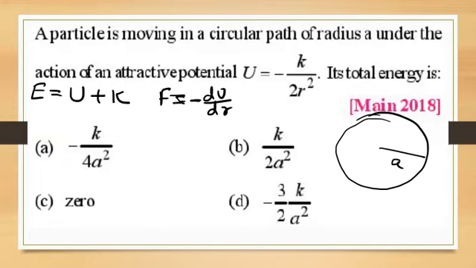So F equals minus dU/dr. If we differentiate it, that is nothing but r to the power minus 2, no? So after differentiating it, we are going to get minus 2, r to the power minus 3.